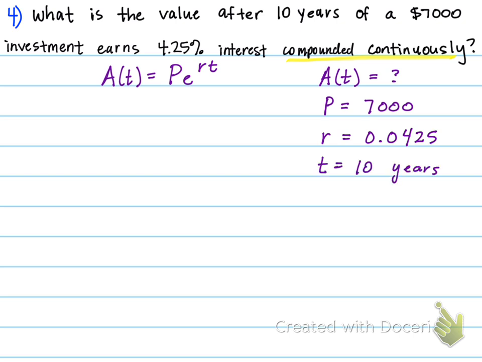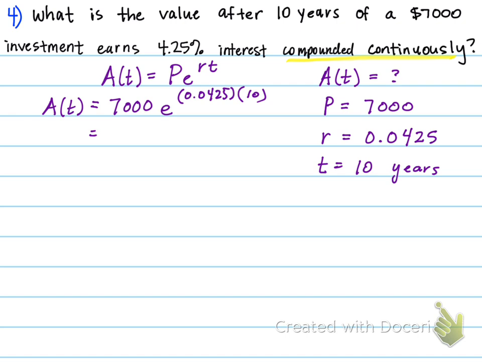With that, let's plug in what we have. We don't have A of T, but we do have 7,000 times E, the number 2.71..., raised to the rate of 0.0425 times 10 years. Then you grab your calculator and evaluate.